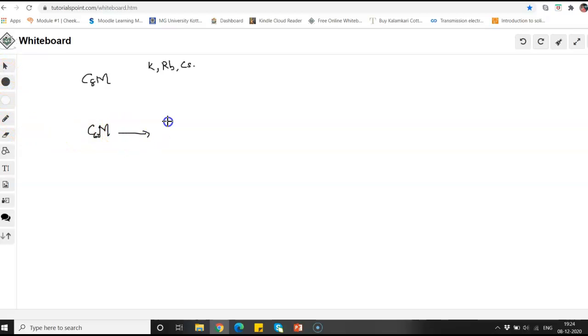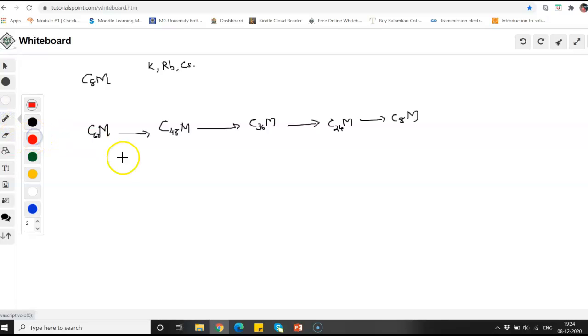Then it is converted to C48M, then to C36M, then to C24M, and then to C8M. So this one is the fifth stage, this is the fourth stage, third stage, second stage, and this is the first stage.